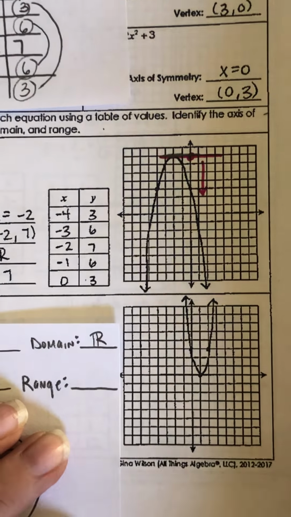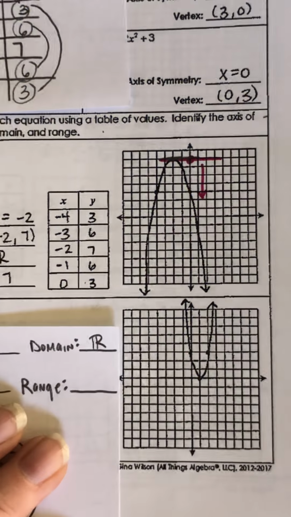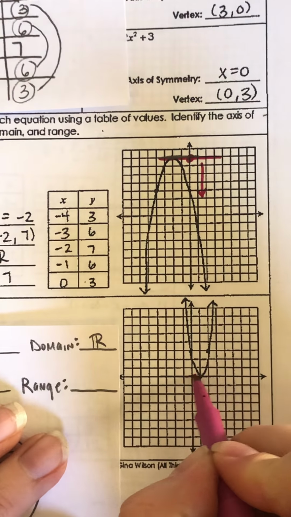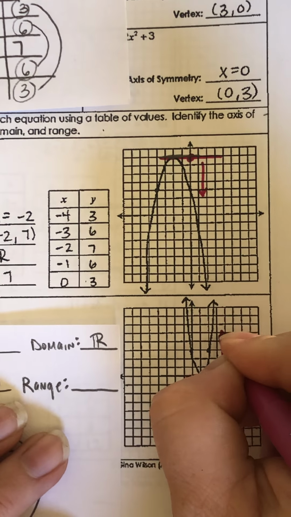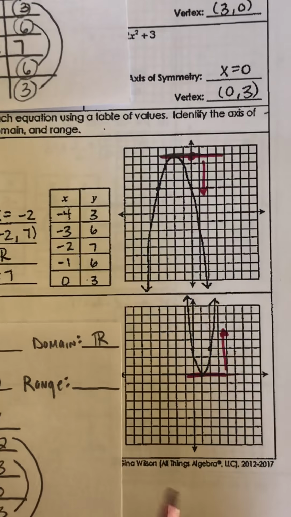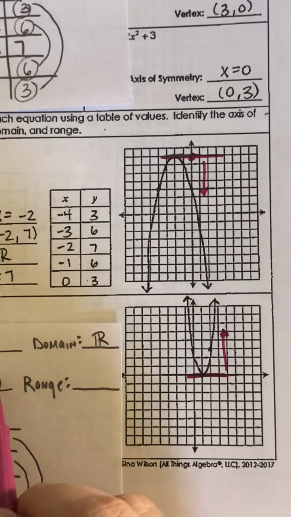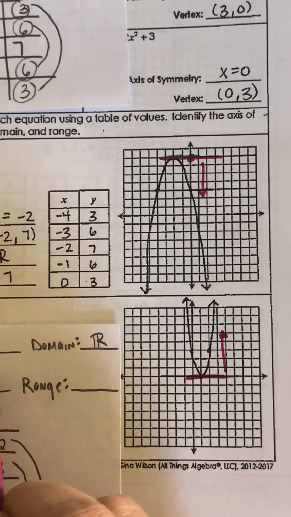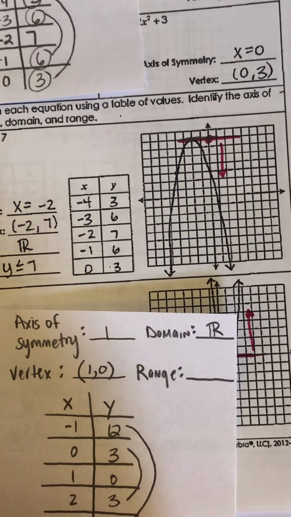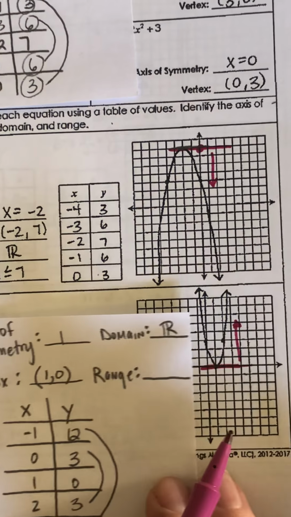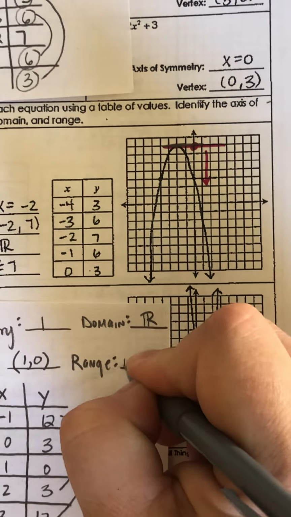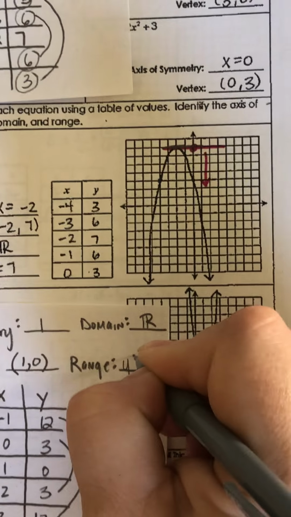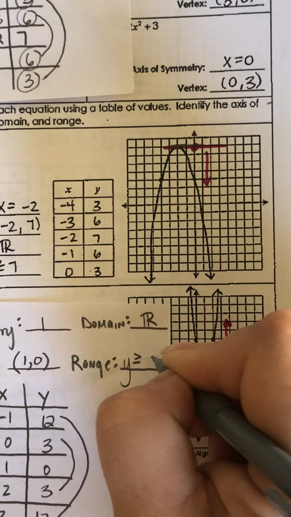My range is stopping here, and it's growing upward, okay? So remember, my range, my number has to do with my y value that I found over here when I did my vertex. So my range is going to be y is greater than or equal to 0.